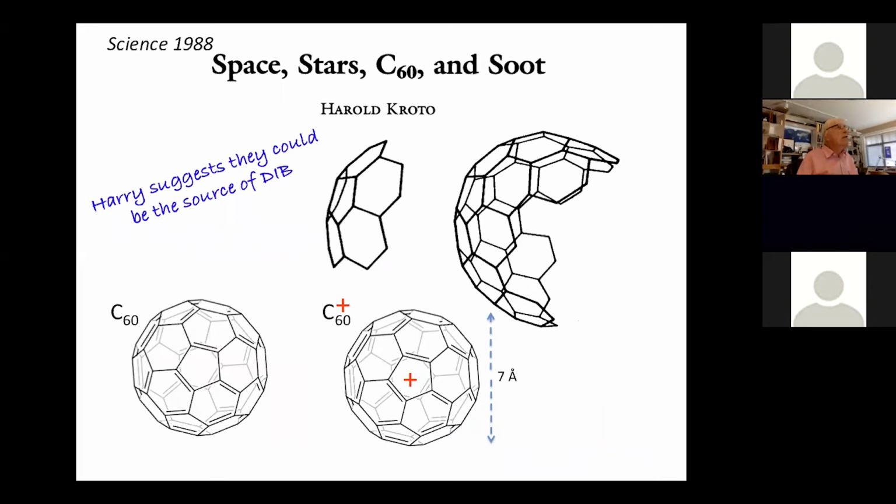Now, in that original article in '88, Harry Kroto pointed out that the Fullerenes might be the source of the diffuse interstellar bands, because particularly C60 has a low first ionization potential, and is rapidly transformed into C60+. So it's quite a compact soccer ball, about 7 angstrom across.